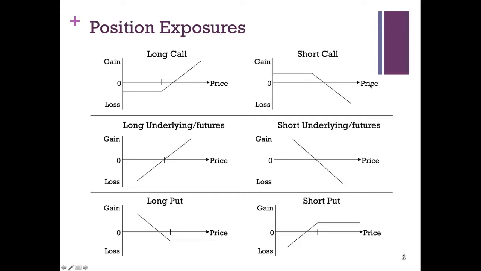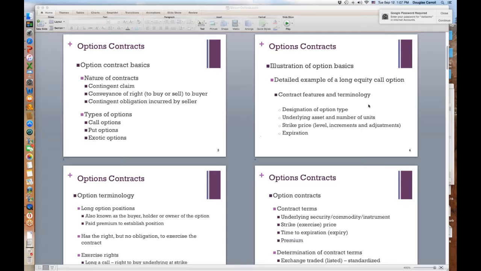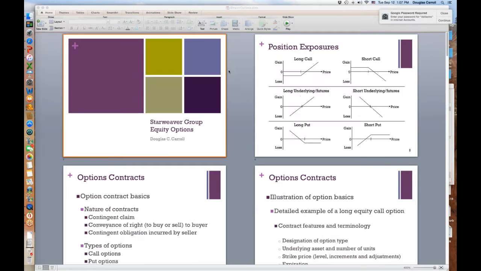And just to be clear for those not familiar with these sorts of diagrams, the vertical axis indicates the amount of gain by displacement above and loss by displacement below the horizontal axis.